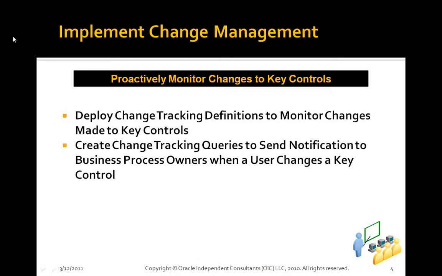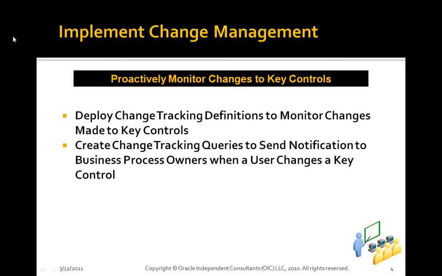You can create change tracking queries. You can also create change tracking queries using a combination of several parameters, including instance, user, date, application, and other filters. You can specify one or more users to receive a notification when a user changes any of the parameter values defined for that change tracking query.